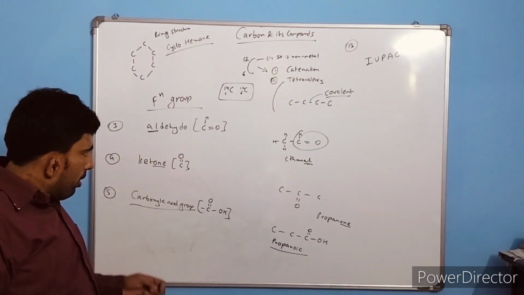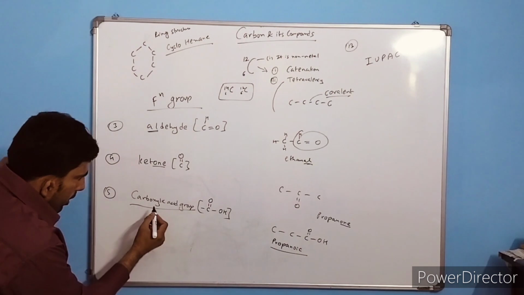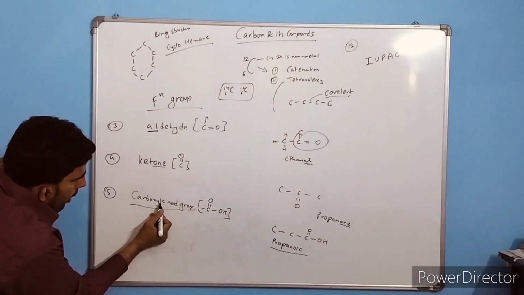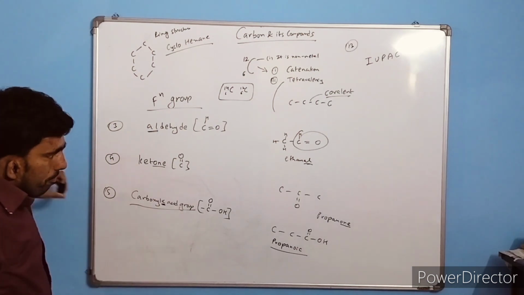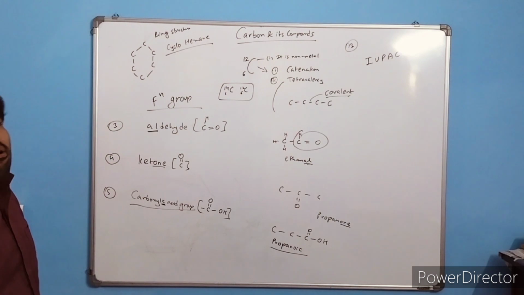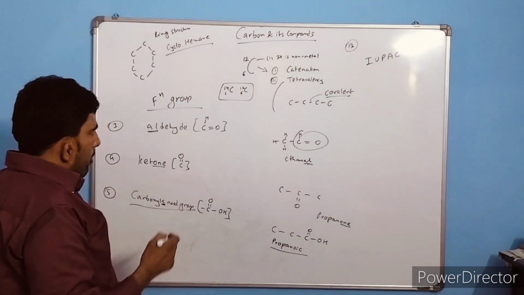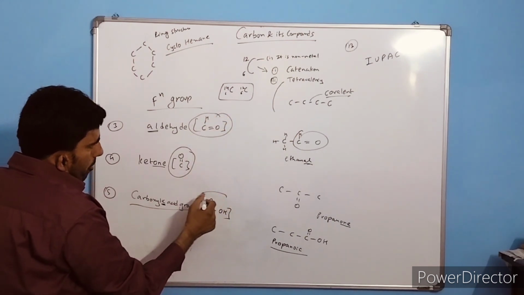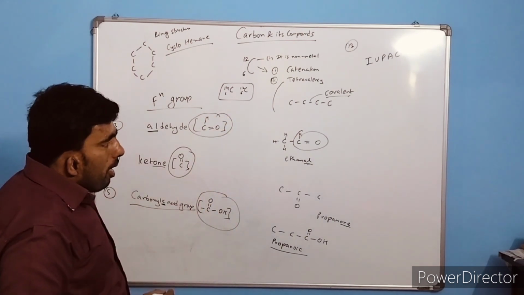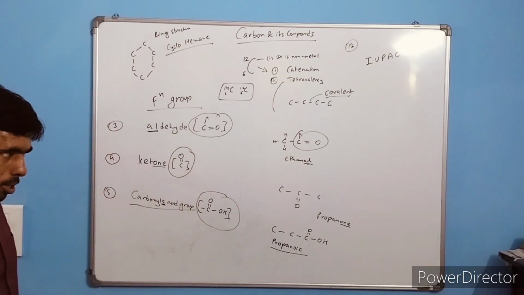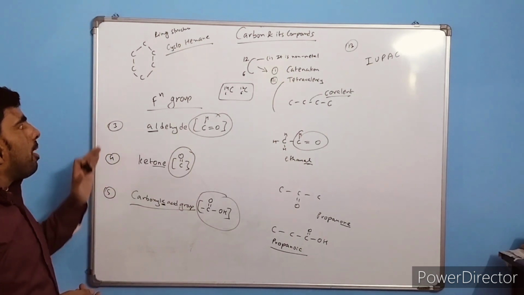Now propanoic, OIC: the last two letters are taken. That is why they are called propanoic, butanoic, pentanoic. So that is how we can easily identify which functional group we have applied, and according to it their naming changes. So these are the functional groups.